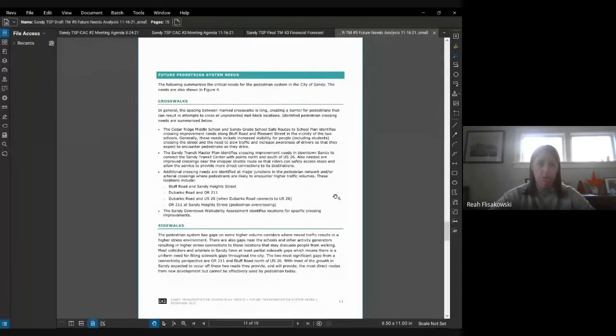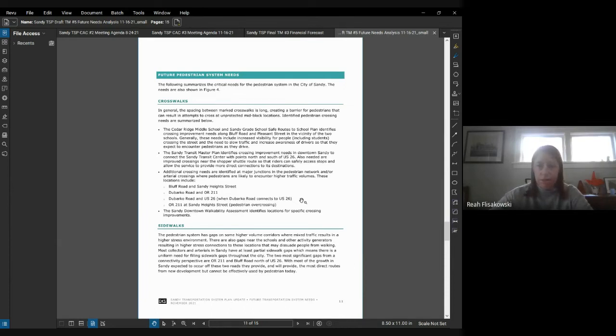So we also looked at the transit master plan. And then from our inventory, we highlighted some other locations where we thought crossings at some major intersections could be looked at. We looked at Bluff, Sandy Heights, Tabarco 211 from Tabarco 26, and then 211 at Sandy Heights Street.